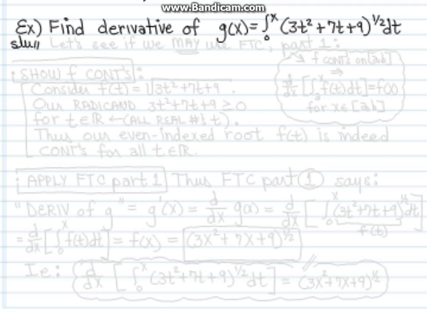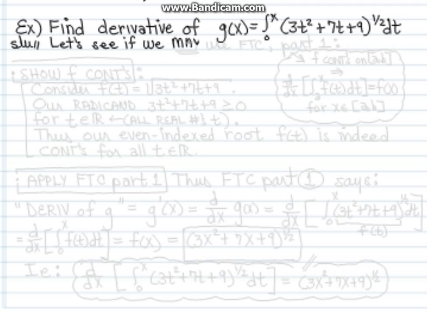Okay, so you see that this looks so much like that integral function in the fundamental theorem, but we're letting a, the lower limit, equal 0, and we're letting f of t equal (3t squared plus 7t plus 9) to the 1/2 power.